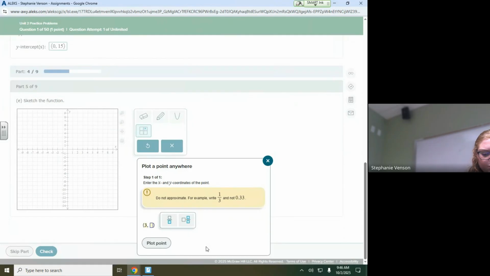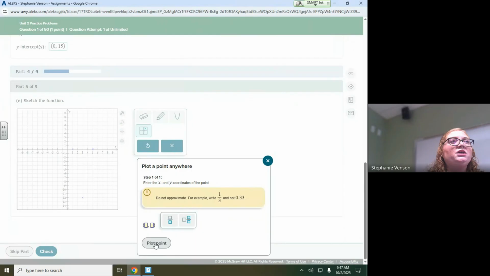Okay, so I do (3, -12), and then I tell it to plot the point. Okay, and then I had what, (1, 0), and (5, 0)? Okay, so (1, 0), plot the point. (5, 0), plot the point. And really, that's all you need. In fact, I think you only need 2 points, but if I graph it and it goes through all of these points, then I know I did everything right, correct?